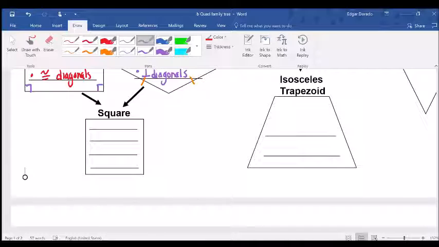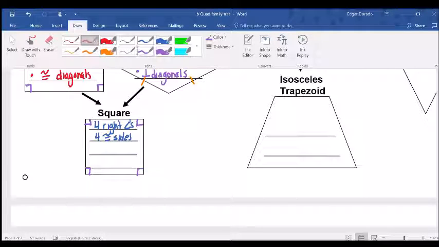And within itself, what sets it apart are these additional traits. The next additional trait is that a square has four right angles. It has four congruent sides. So let me go ahead and do that. Four right angles.